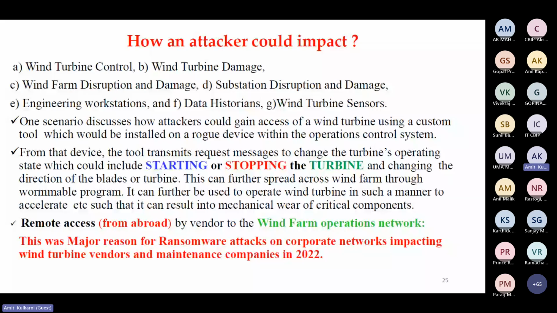In one case, with the help of the tools available today, a cyber attacker can operate the state in which the turbine is running. That is, it can decide whether to start the turbine or stop the turbine.